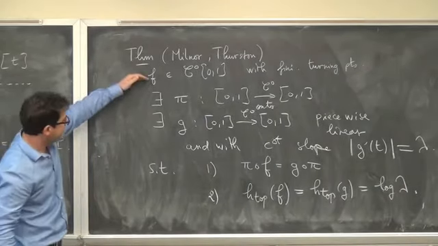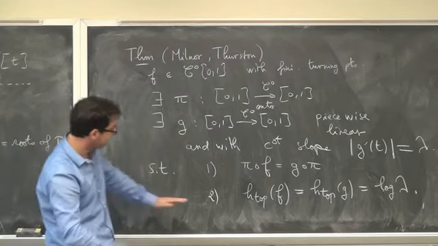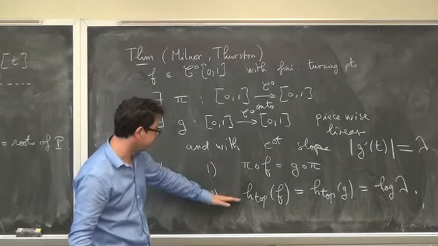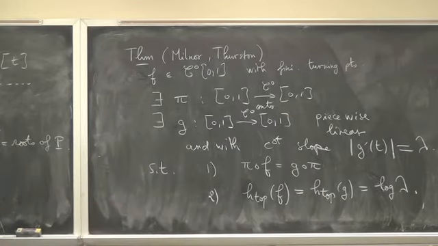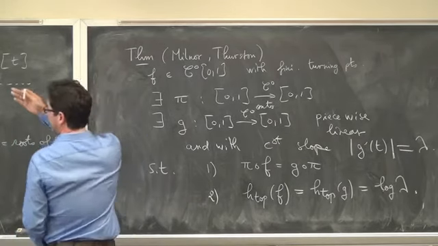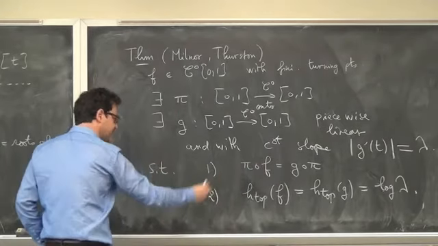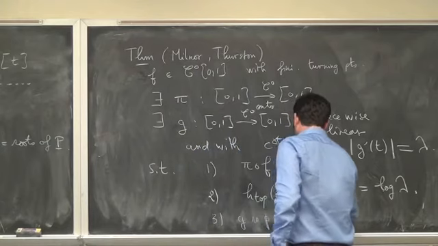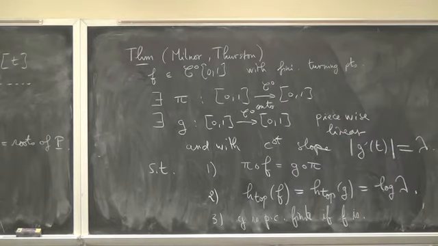Okay, so you can replace F by a simpler map, which is piecewise linear, and maybe you lose part of the dynamics, but you don't lose much since you keep the same entropy. And moreover, if F is post-critically finite, then you can choose G to be post-critically finite.